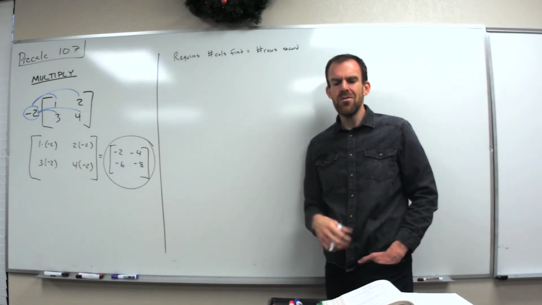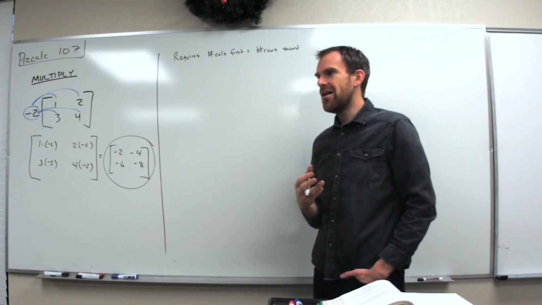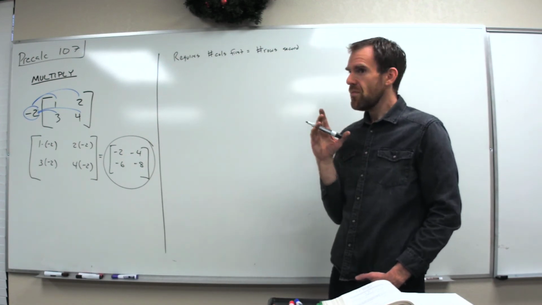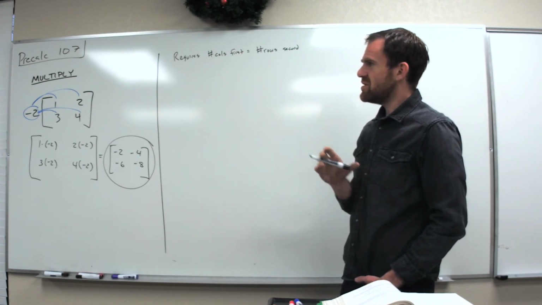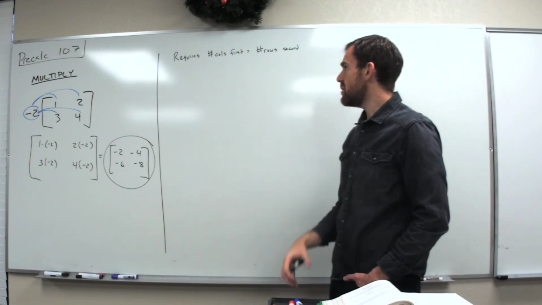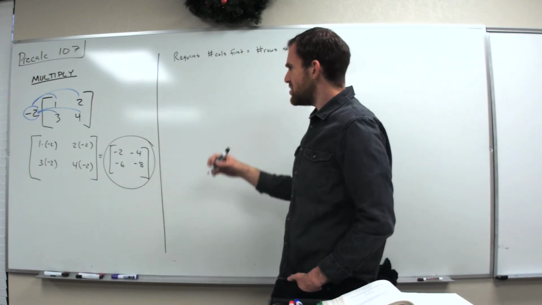Okay, again, right now we're just learning the skill. I'll show you how to apply it later, but for now, we're just stuck here. I'm sorry, this is what it is. But when we multiply matrices, the number of columns in the first one has to equal the number of rows in the second one. So, it looks a little funky, but let's try it.